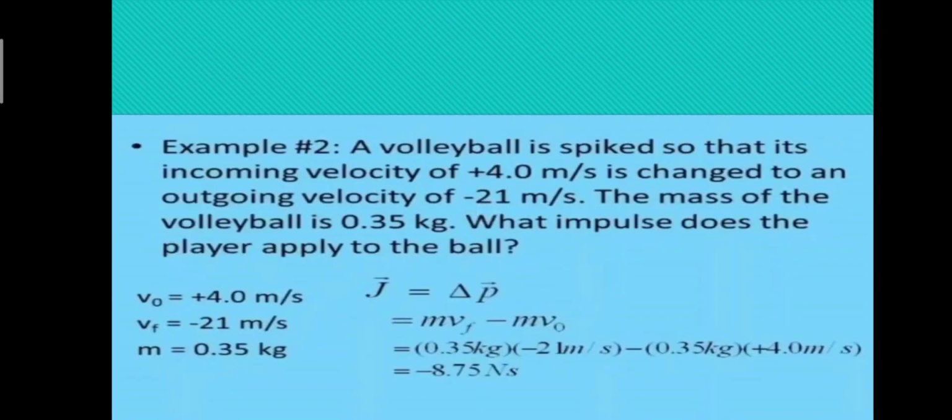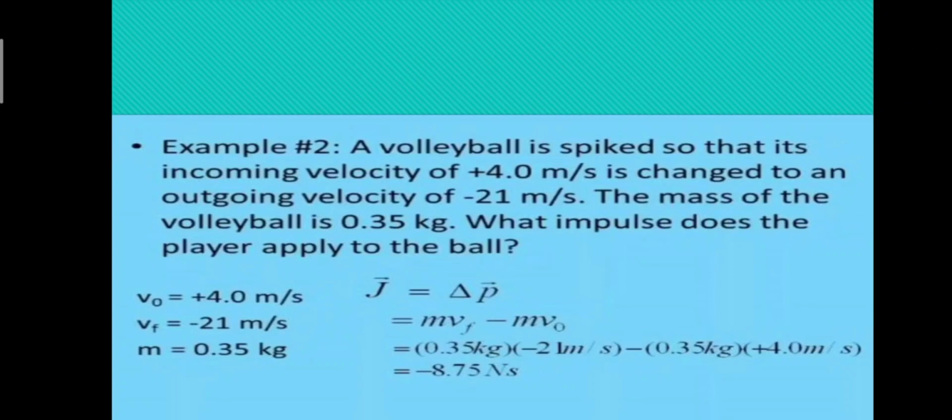So the given here is the incoming, or initial, velocity equal to 4.0 meter per second, the final velocity equal to negative 21 meter per second, and the mass is 0.35 kilogram.